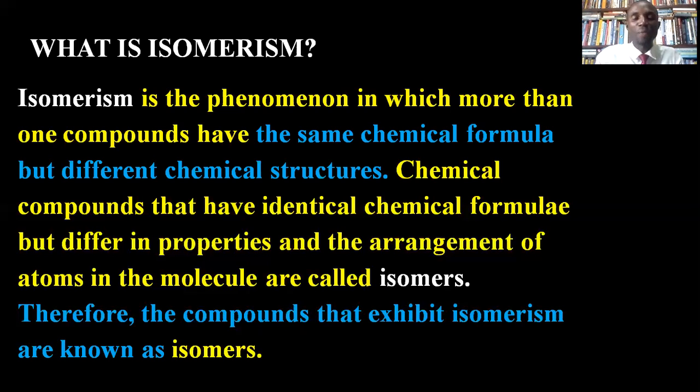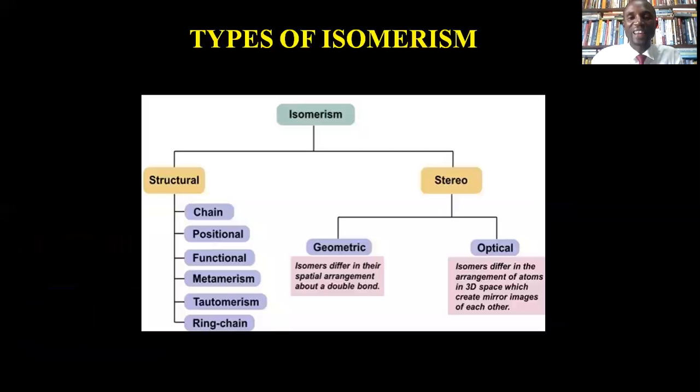Isomerism can be classified into two basic forms: structural isomerism and stereoisomerism. In structural isomerism, we have chain isomerism, positional isomerism, functional isomerism, metamerism, tautomerism, and ring chain isomerism.